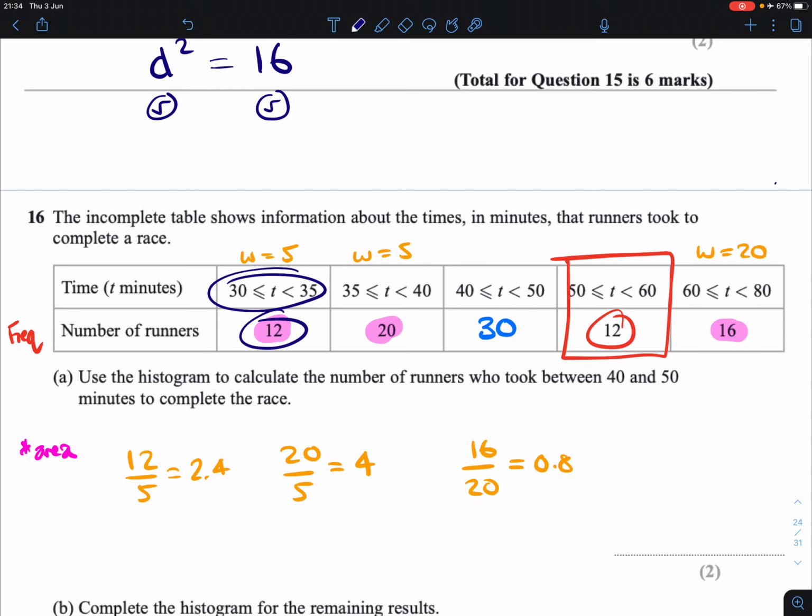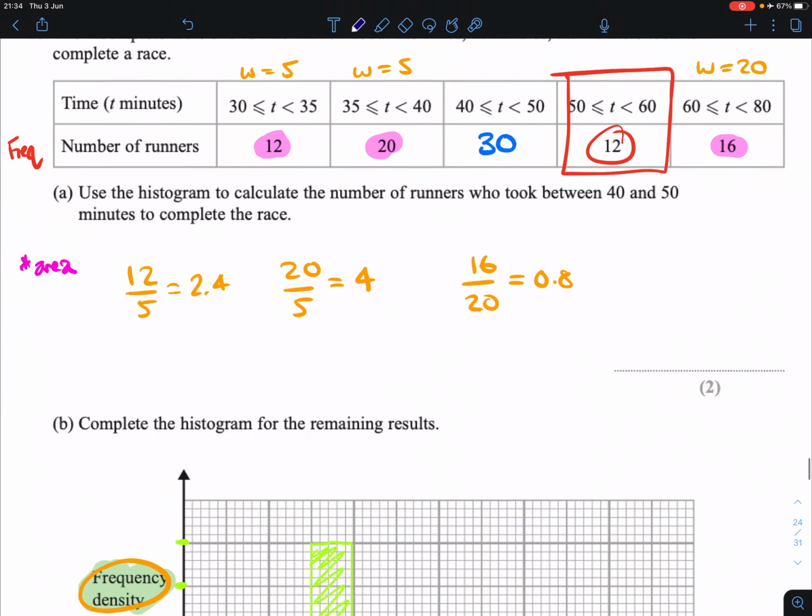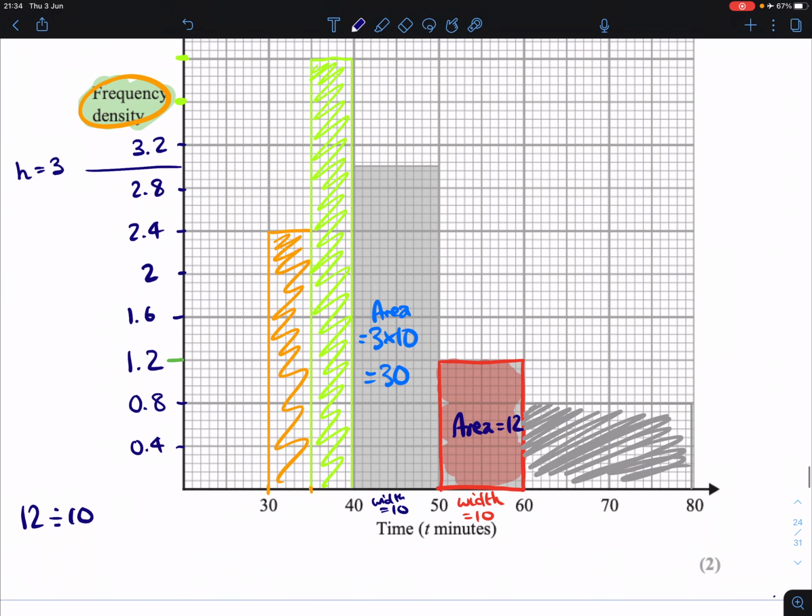But we use an estimate by assuming that the parts of the bars that we look at, for example this bar here has 30 people in it. If we take half the bar down the middle, we assume there's 15 here and 15 there. We use direct proportion in that sense.